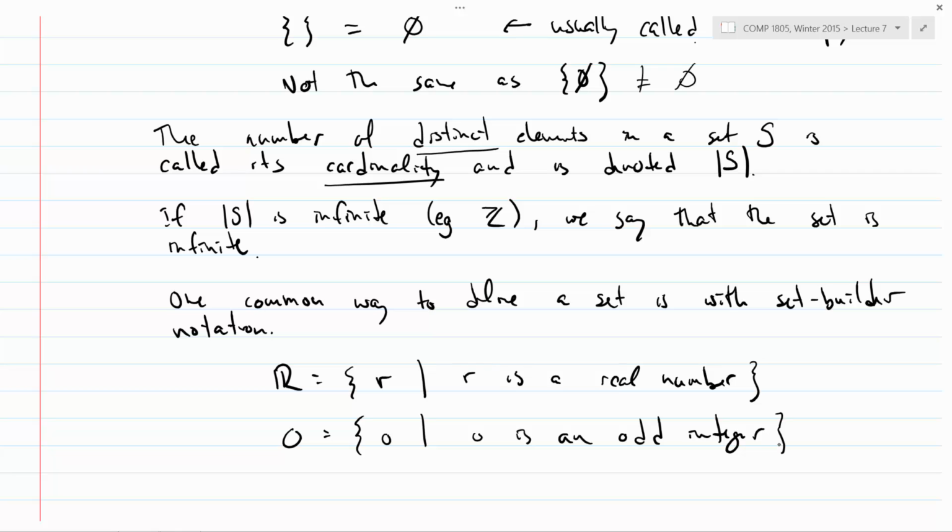If you're familiar with Python, this is a list comprehension, essentially, except it's for a set. Python, in fact, does have set comprehensions, in case you didn't know. But it's the same idea. You say what object you want to have in your set, and then a bar, or in Python, it's "for", and then you say what properties you would like that object to fulfill. Questions?